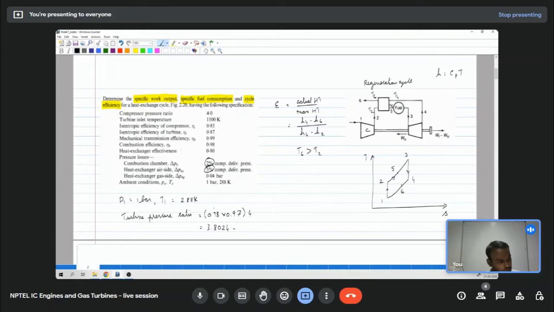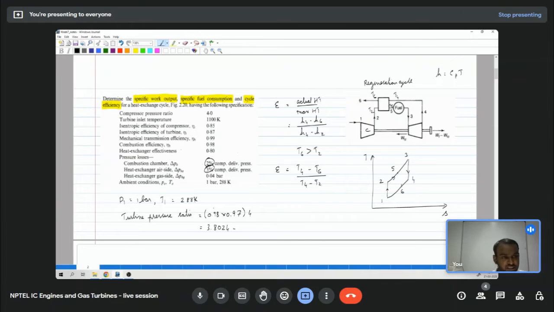Now we have found the value of T4. Now we will be able to use the effectiveness value, because we have T4 minus T6 divided by T4 minus T2. The value of T2 is known, right? Yes. Since the value of T2 is known, now we can find the value of T6.